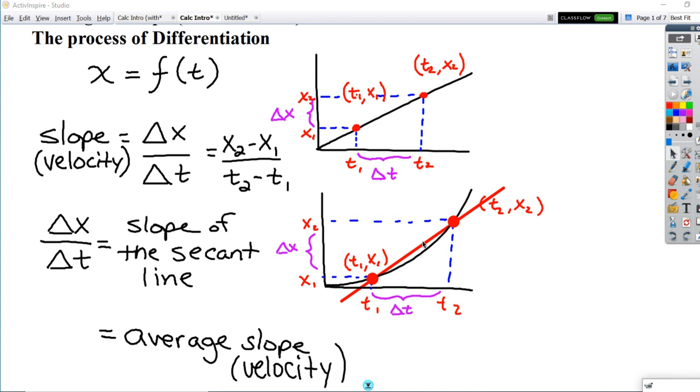So this being the average slope is a slope somewhere in between these 2 points. The slope at the first point is small compared to the slope of the second point, which is steeper. It's the larger slope. So the average should be somewhere in between.